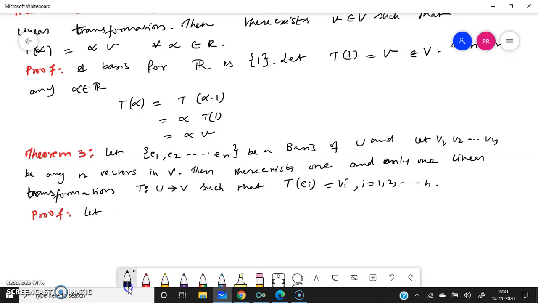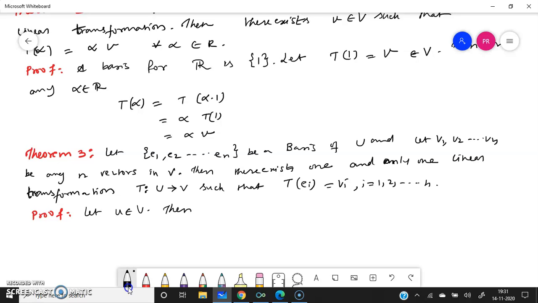We will take some element U belongs to U. Then what is given? For U the basis is E1, E2 and so on to En. So any element in U can be written as a linear combination of E1, E2 and so on to En.